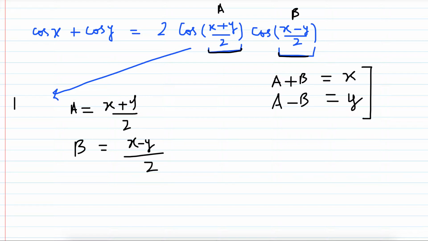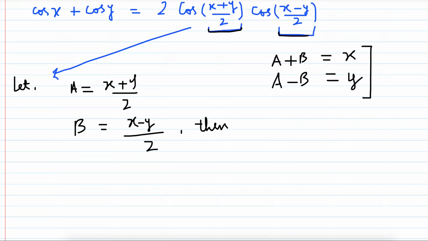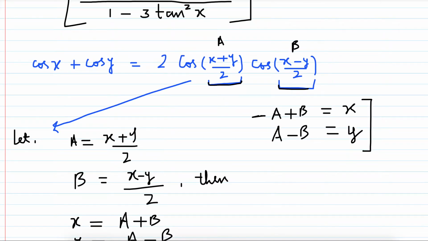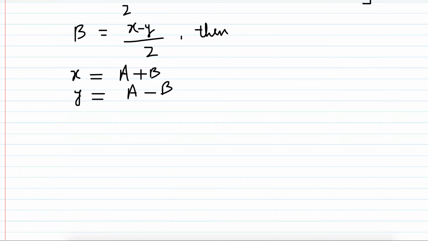So we are assuming, let a be this, then we can write x is equal to a plus b, and y is equal to a minus b. So in place of x we will write a plus b, in place of y we will write a minus b.